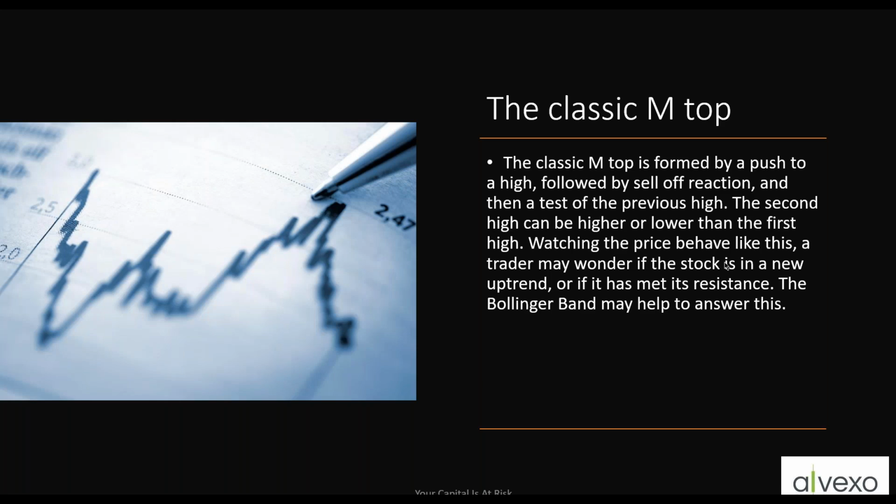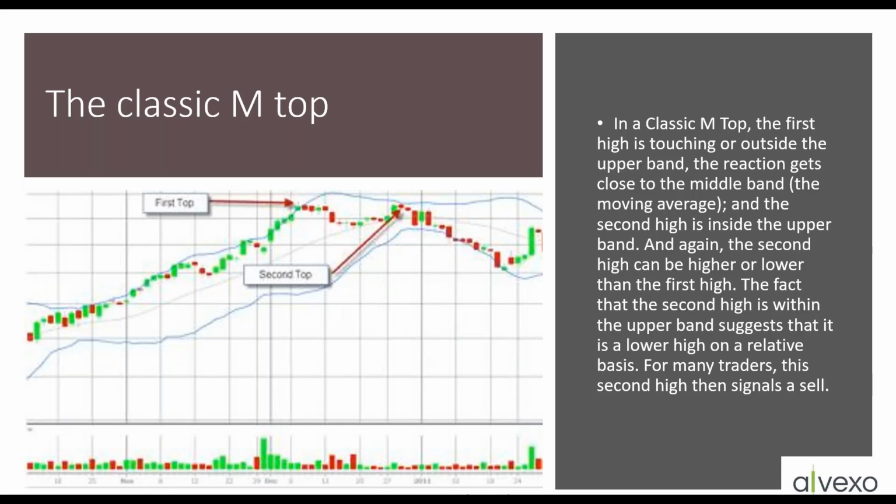So the classic M top is formed by a push to a high followed by a sell-off reaction and then a test of the previous high. The second high can be higher or lower than the first high. Watching the price behave like this, a trader may wonder if the stock is in a new uptrend or if it's met resistance. The Bollinger Bands might help you answer this.